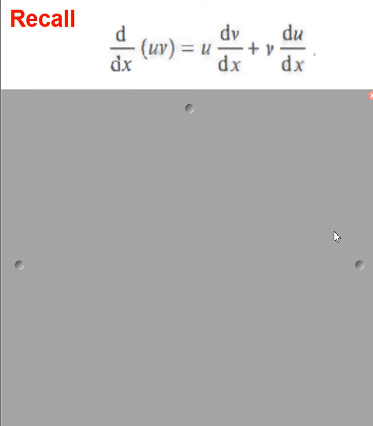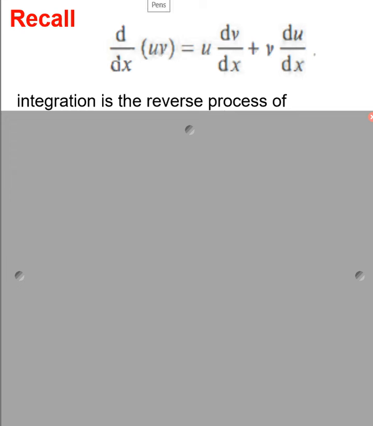So you need to recall what is the formula for the integration by parts. Here you need to understand, if we differentiate a product function uv, it becomes uv prime plus vu prime, right?